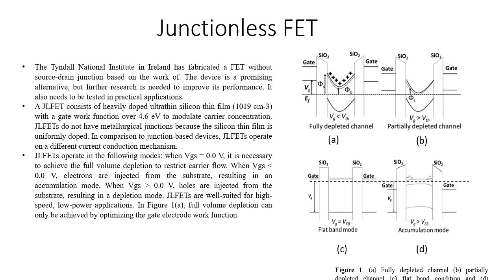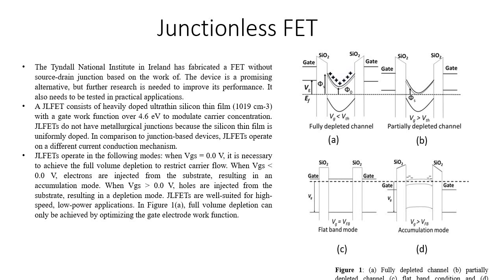Now we can see that junctionless transistor operates in 4 modes, that is fully depleted region, partially depleted region, flat band mode and accumulation mode. So fully depleted means when your gate voltage is less than 0, that is your fully depleted region. Partially depleted region, when your gate voltage is greater than threshold voltage.